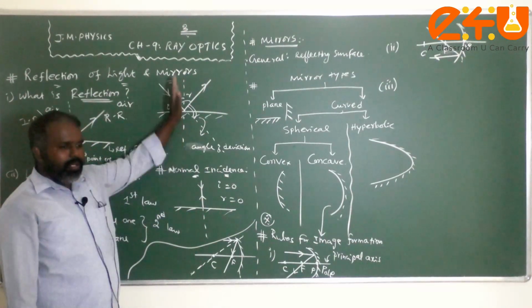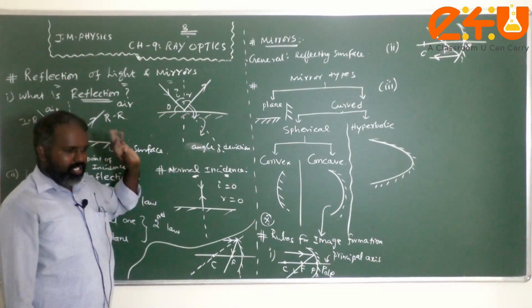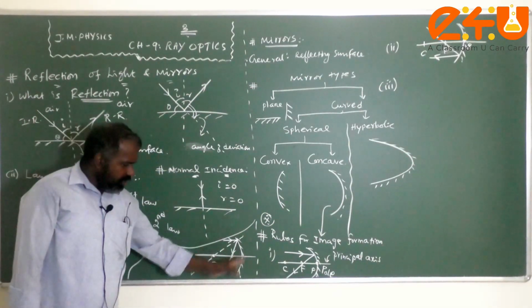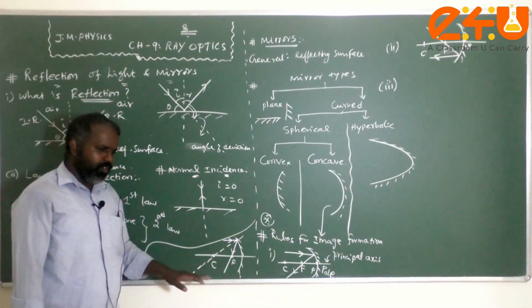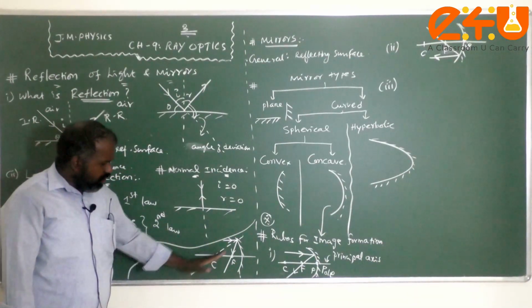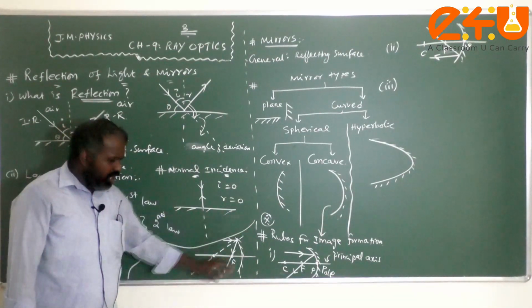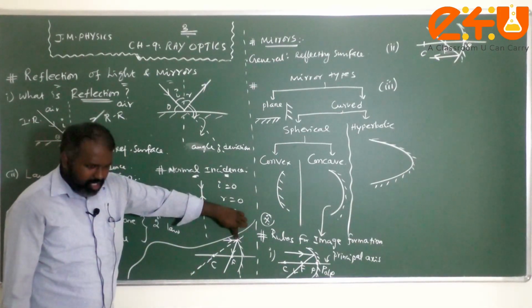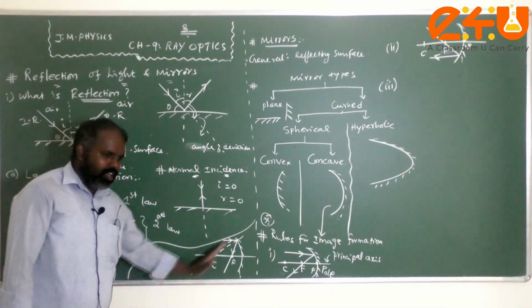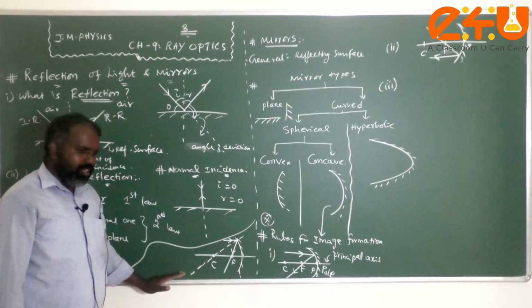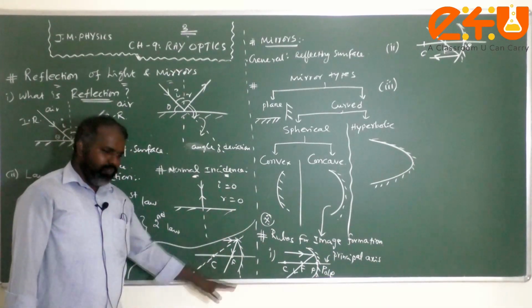You just draw a perpendicular line at the point of incidence. But in the case of spherical reflecting or refracting surfaces, you just draw a line from the point of incidence through the what, children? Center of curvature of the curved surface.